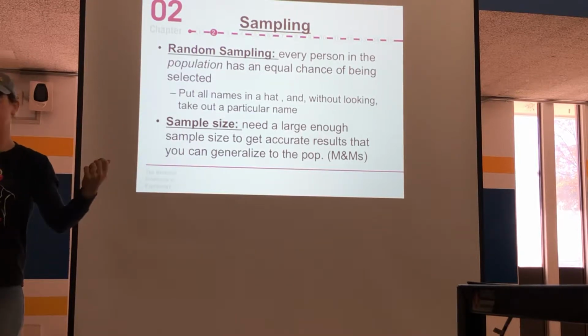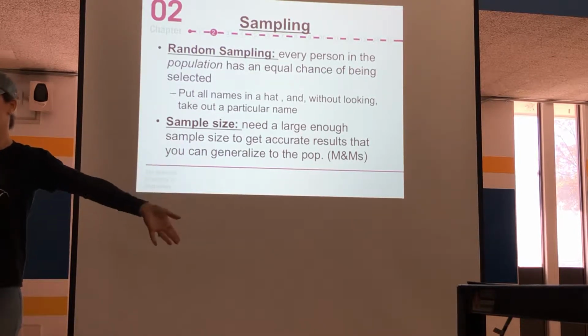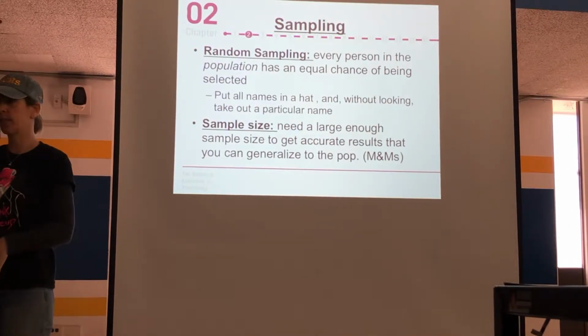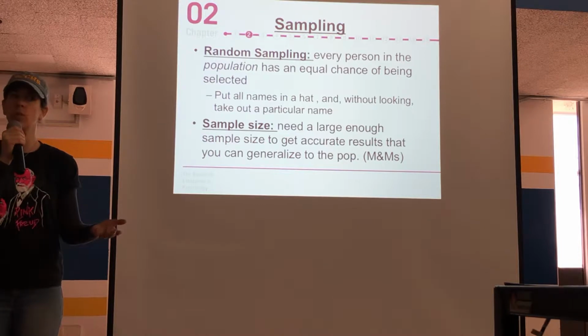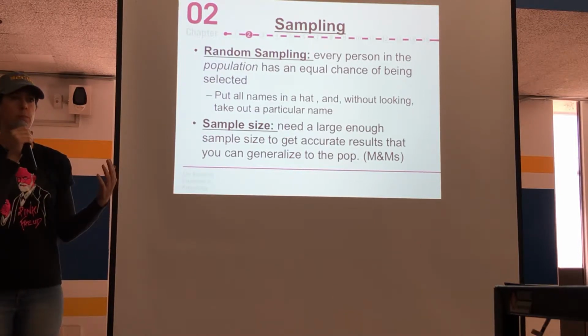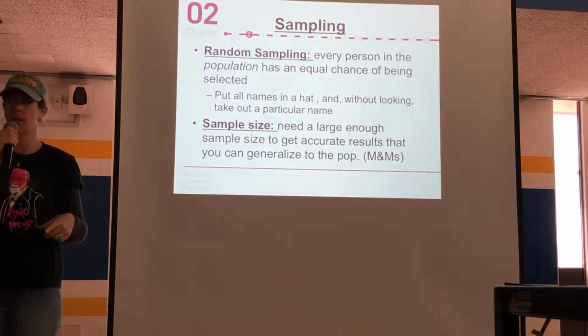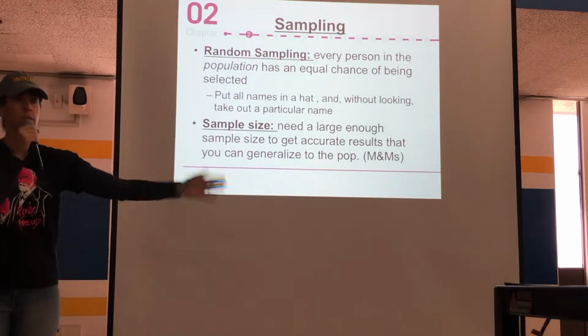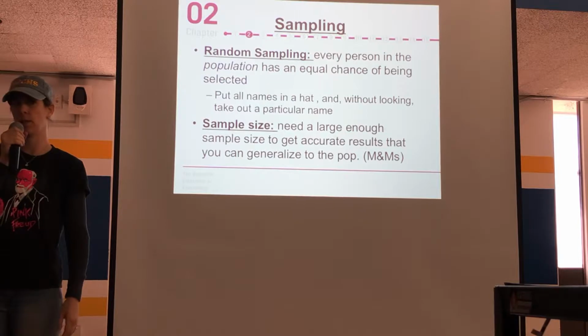If it's heads, it goes to the experimental. If it's tails, it goes to the control. So when we randomly sample, we're ensuring that everyone in the population has an equal chance of being selected for the study. When we randomly assign, we're ensuring that every subject has an equal chance of being placed in the control or the experimental group. Is that clear?